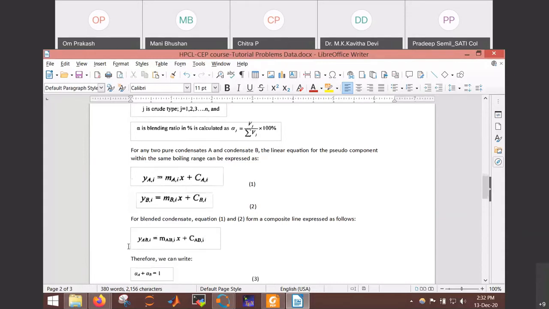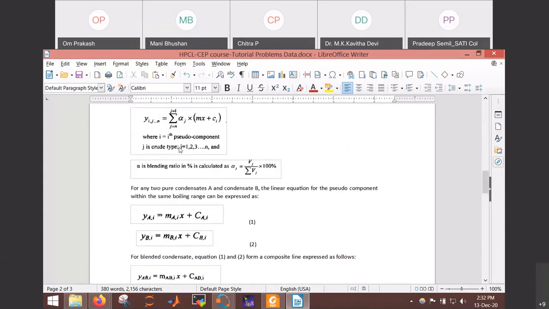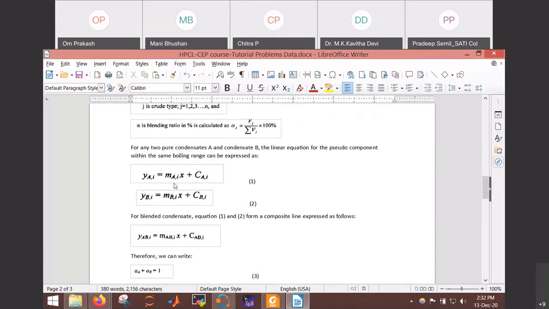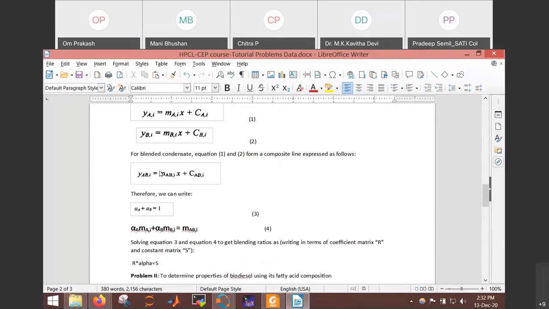From this relation we can see that if we multiply alpha A with the first one and alpha B with the second one, and add them, the slope of the resultant mixture will become MAB equal to alpha A multiplied by MA plus alpha B multiplied by MB.